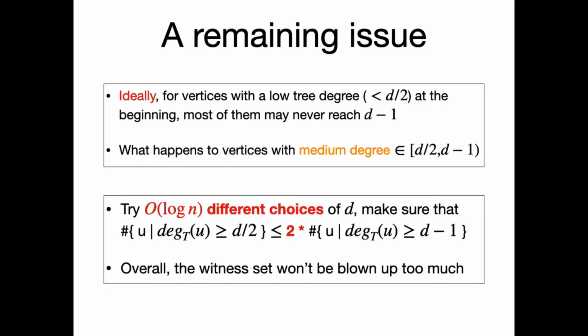A remaining issue is what happens to vertices with medium degrees, let's say between d over 2 and d minus 1. For this issue, we try log n many different choices of the parameter d, and this could make sure that the number of medium vertices is relatively small.